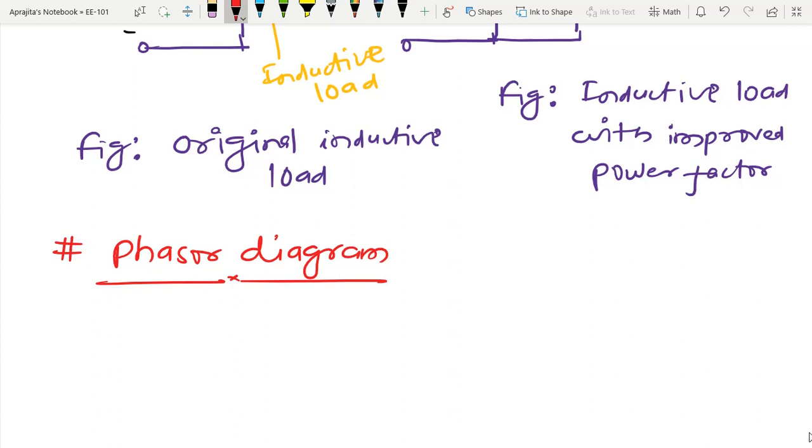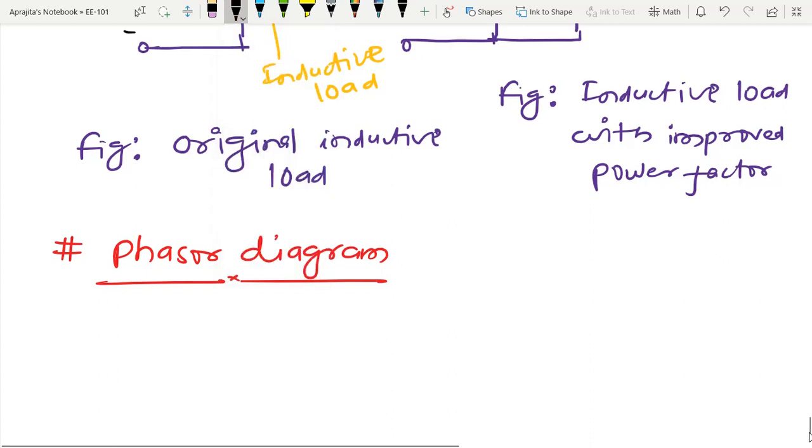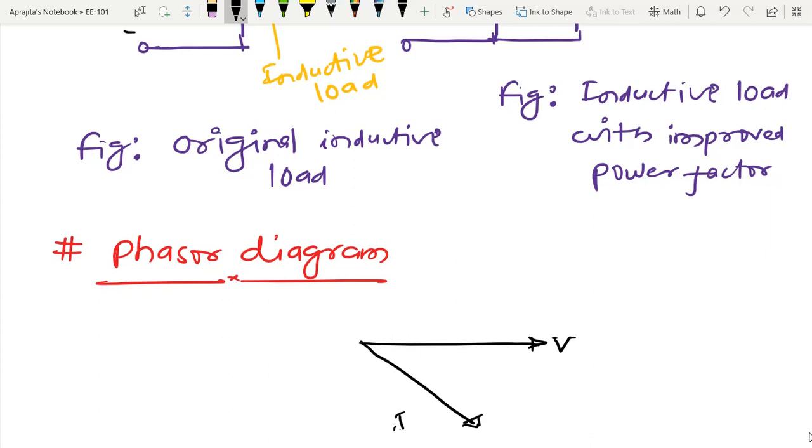So if you see the original situation, at that time I have some voltage V, and after that I have a current, and suppose that current is IL and this angle is θ1.